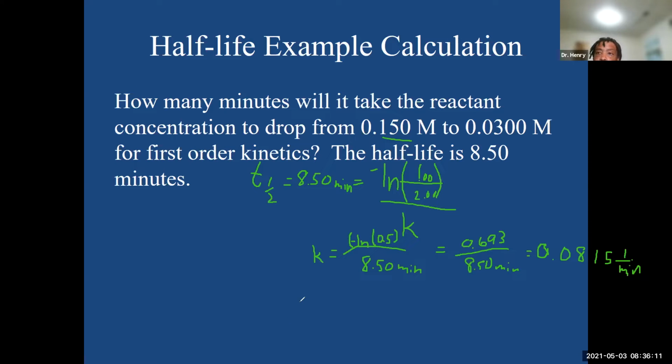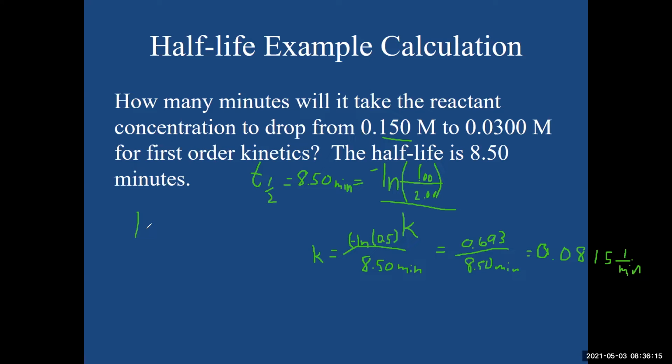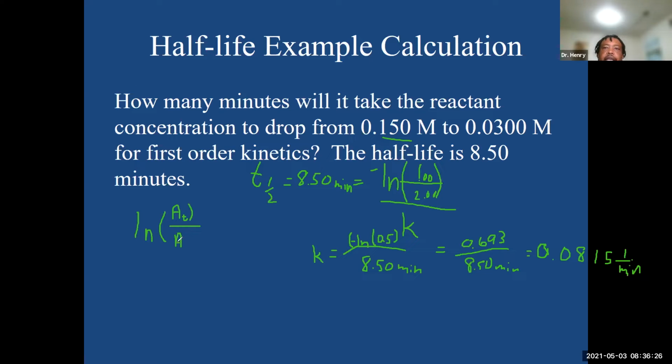Because then all we need to do is just plug in for our ln A. We have ln A at time T over A naught. That's going to be minus divided by K, and that's going to equal T. So then we just plug in the values that we have now, since we have everything.